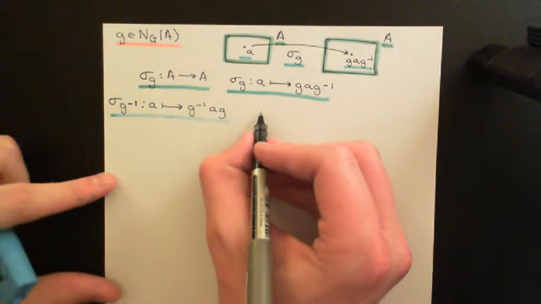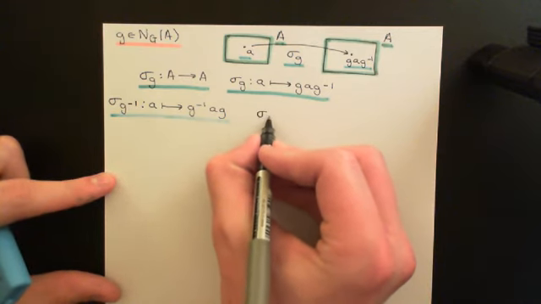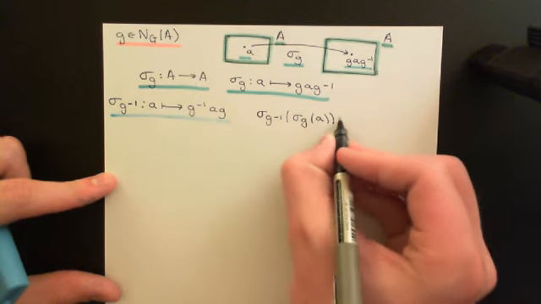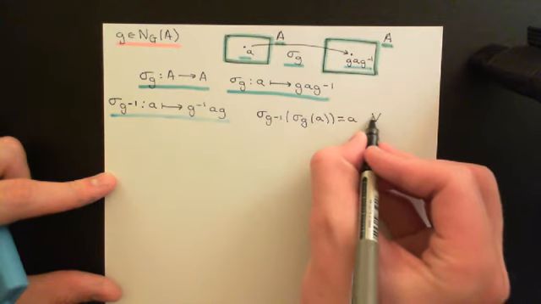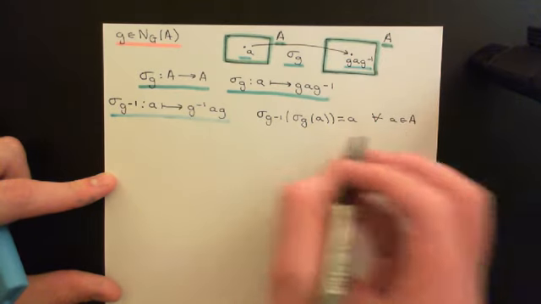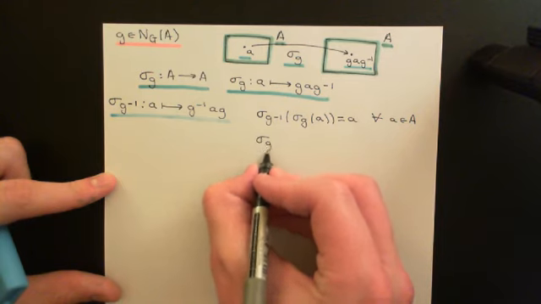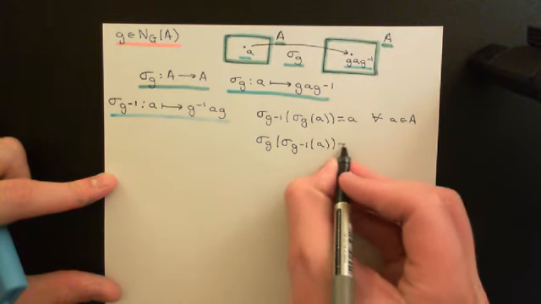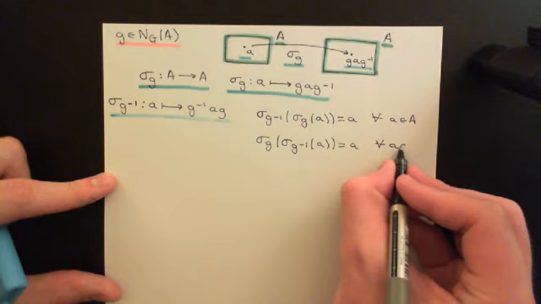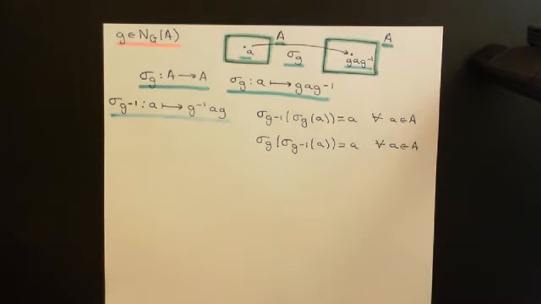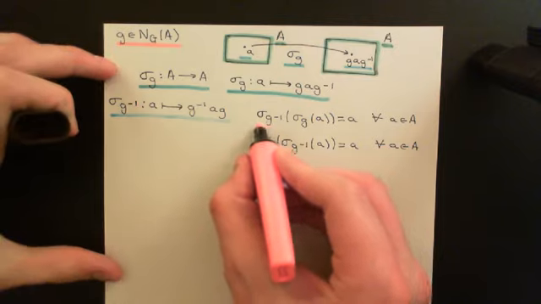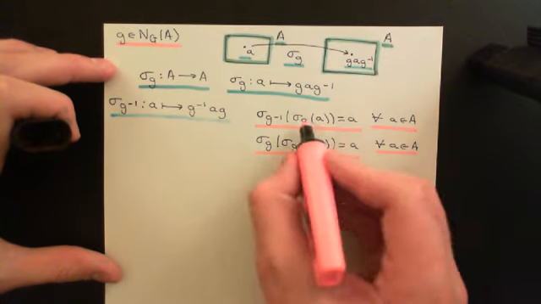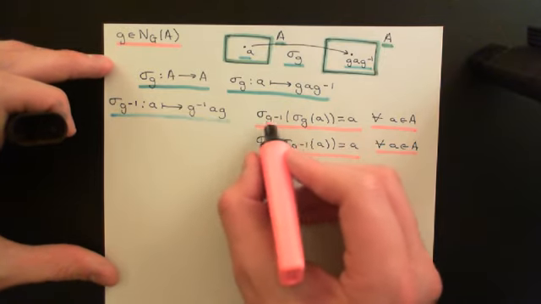Okay, so what I claim then is that if I consider sigma g inverse of sigma g of a, it's going to be equal to little a for all little a an element of the set capital A. Okay, and I claim also the other way around that if I consider sigma g of sigma g inverse of little a, that's going to be equal to little a for all little a an element of the set capital A. That's what it means for sigma g inverse to be the two-sided inverse of this mapping sigma g, basically. It means that I can do these two mappings one after each other in either order.